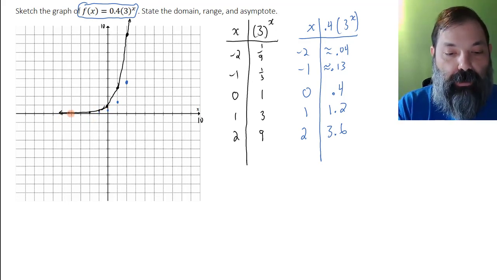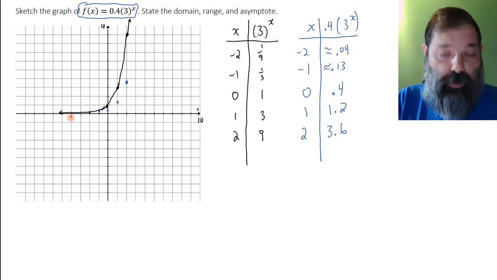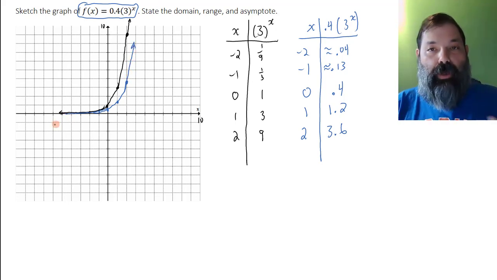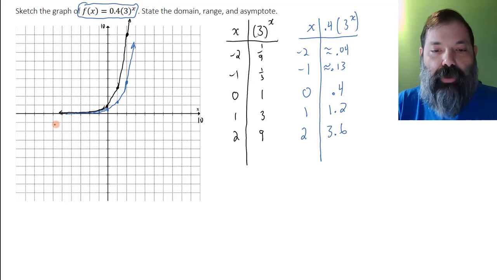And so we get the same shaped curve, just compressed. And so we have that curve in blue is 0.4 times 3 to the x.